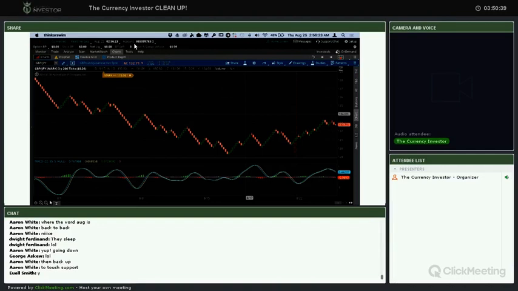Yes, they got to touch on support. Now think about this. What does Elliott Wave tell us? Does anybody know about Elliott Wave?